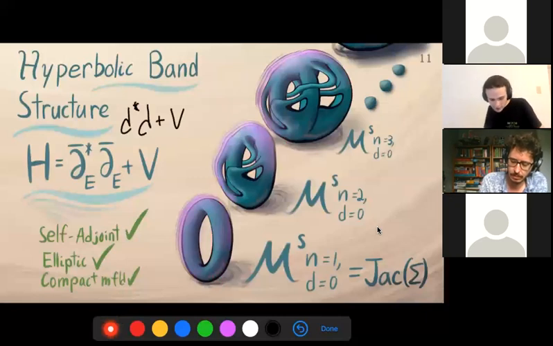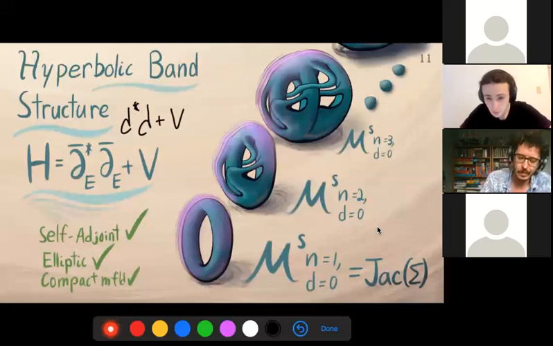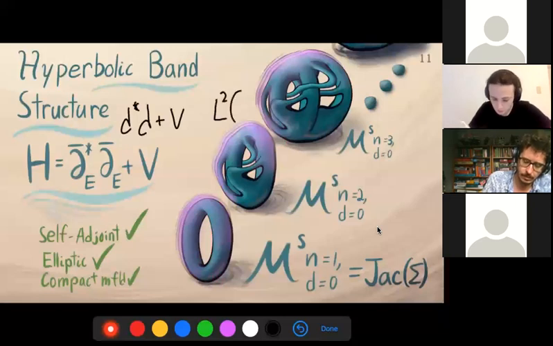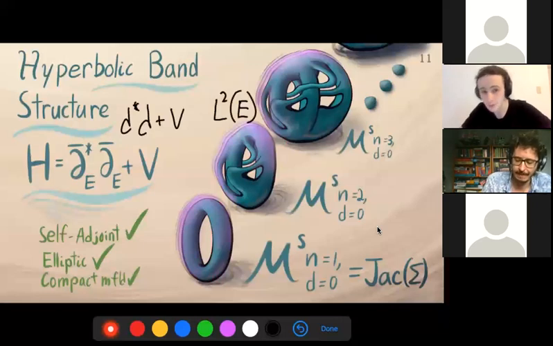And the point is, when we restrict to the irreducible representations corresponding to a given vector bundle, we're changing our Hilbert space from the whole Hilbert space of L2 on the whole hyperbolic plane to just the Hilbert space of L2 sections of our vector bundle E. And when we restrict to this, the Hamiltonian reduces down to this guy right here, the twisted Dolbeault Laplacian, plus a potential.